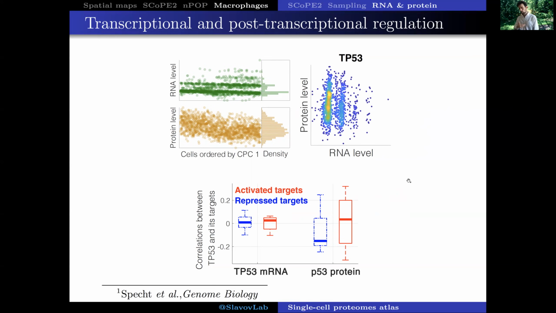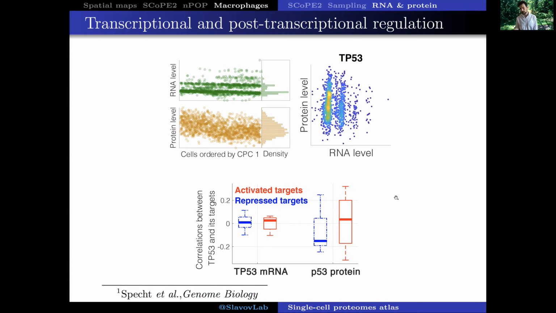And then we wanted to go one step further. We wanted to ask whether we can use the abundance of p53 at the RNA or at the protein level to predict the transcription of its target messenger RNAs. And we found that the messenger RNA for p53 contains no such information, while the protein abundance of p53 was inversely correlated to the repressed targets, as one would expect, suggesting that there is some information for the regulatory interaction being captured in the protein abundance of the transcription factor.